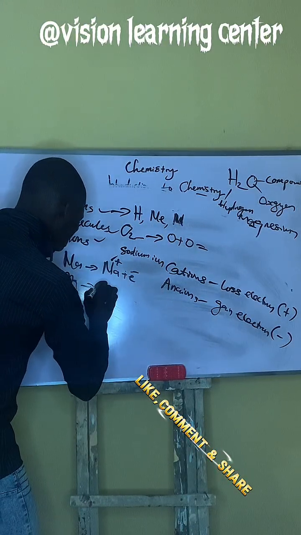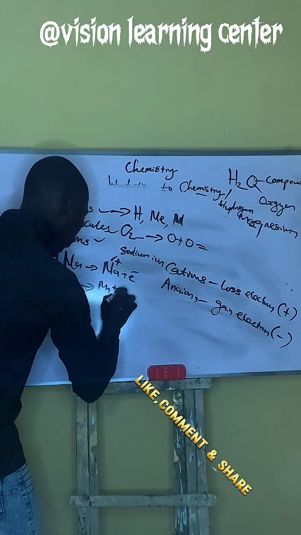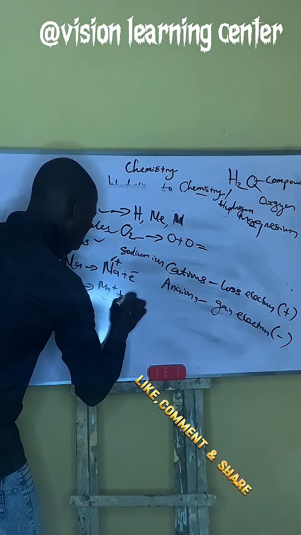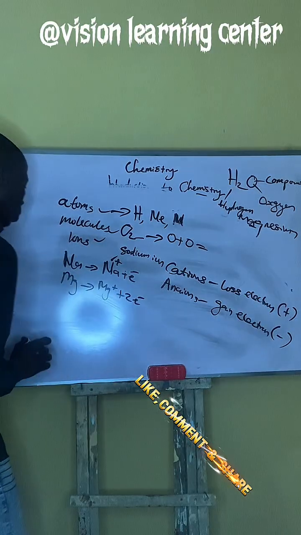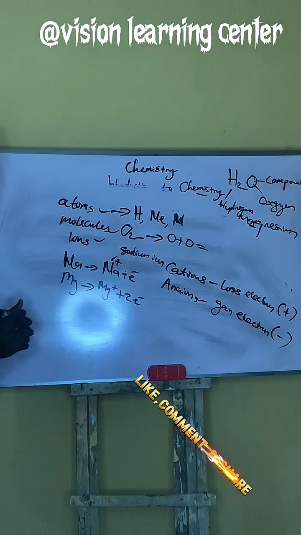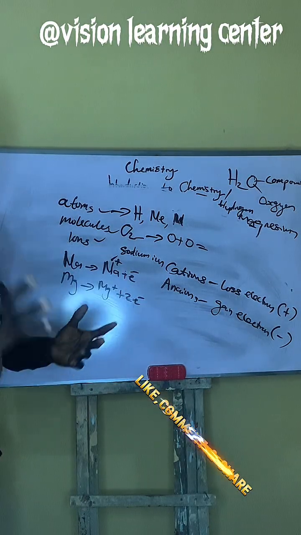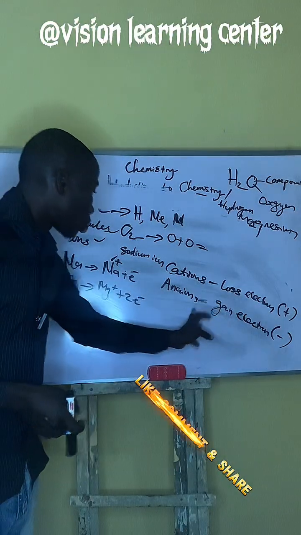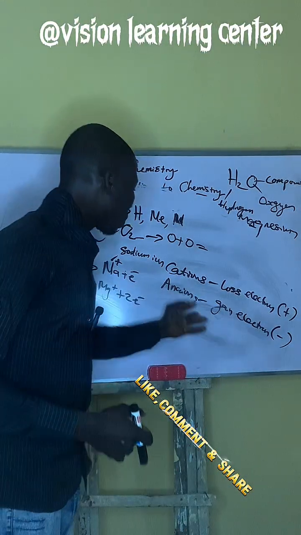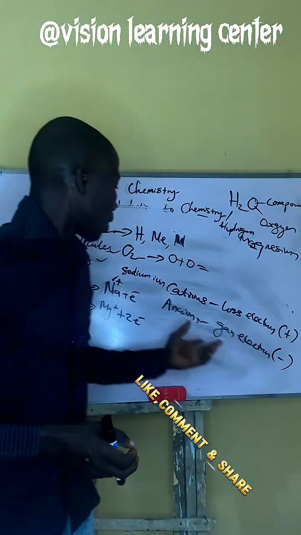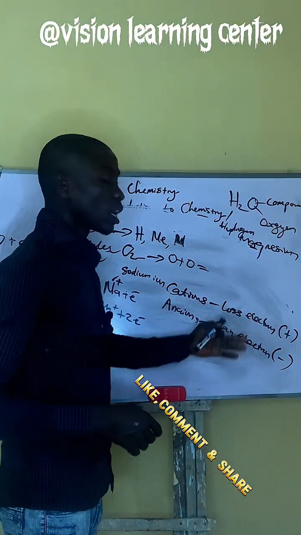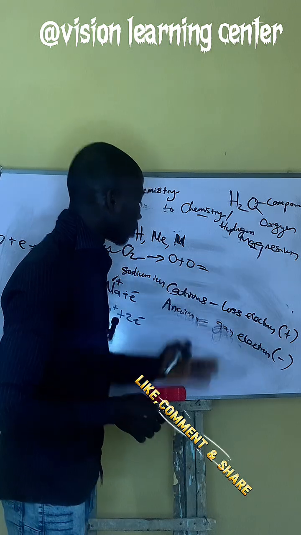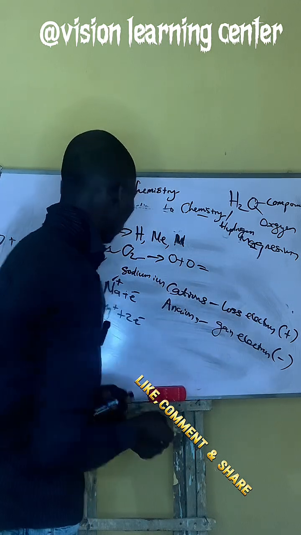You have magnesium, which loses two electrons. We have aluminium that loses three electrons. Then let's go to when they gain electrons. That is anions, the ones that gain electrons.